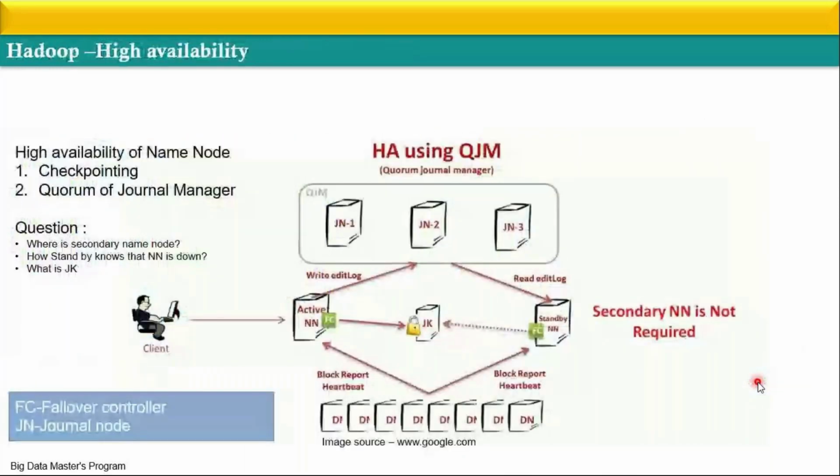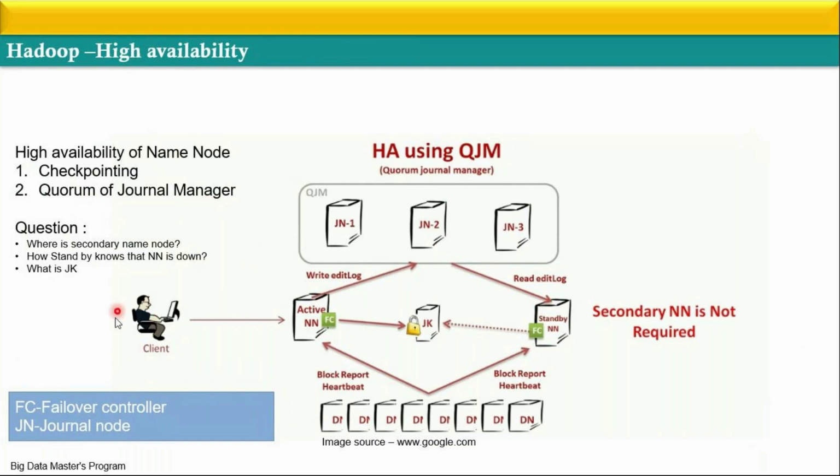another technique to increase availability is the quorum of journal manager. Try to focus on the diagram. The quorum of journal manager is the second technique to increase the availability.